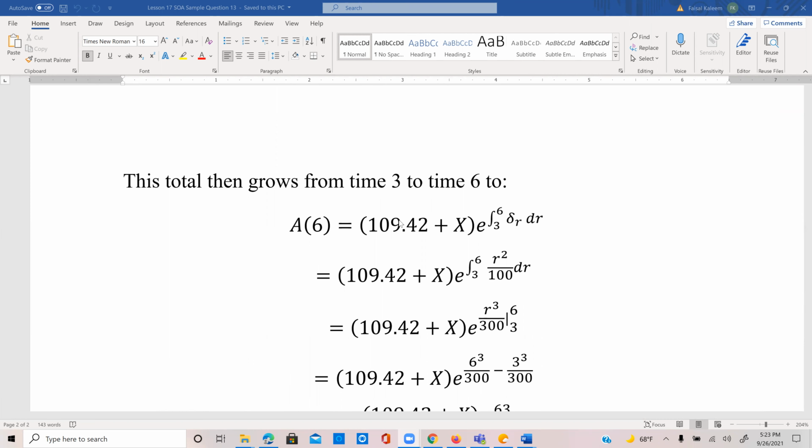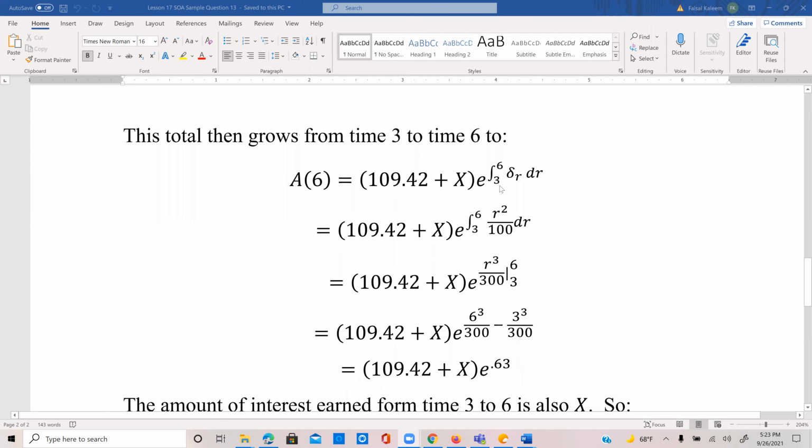And so this grows from 3 to 6, again under the same force of interest. Same formula. P is now this 109.42 plus X, and time 3 now serves as time 0, because this principal is the time 3 principal. So we are trying to see what happens by time 6. So we integrate from 3 to 6.